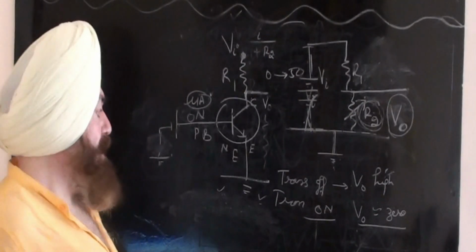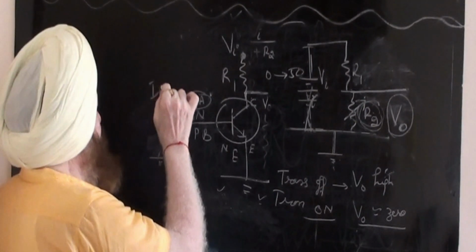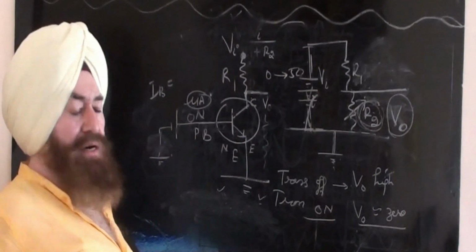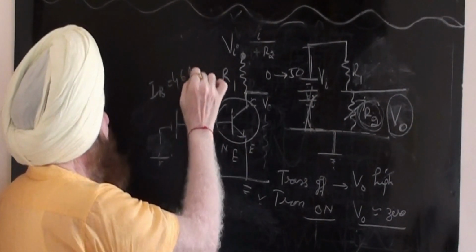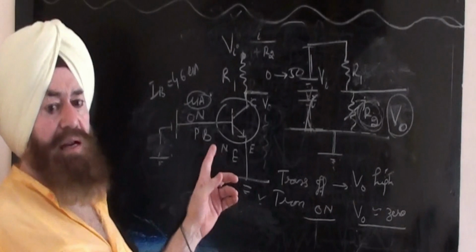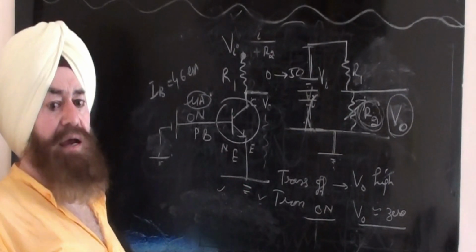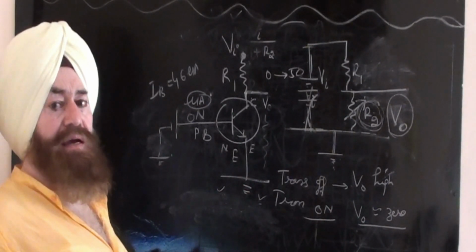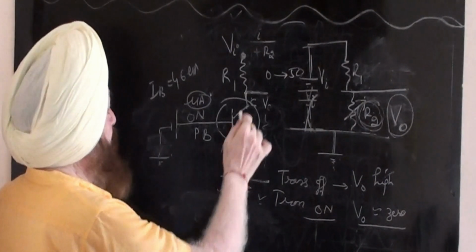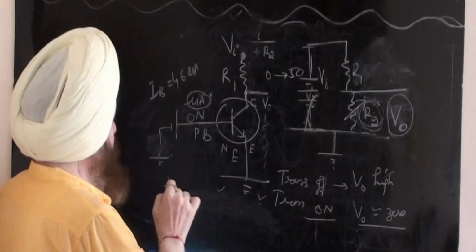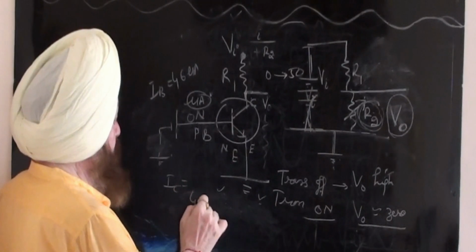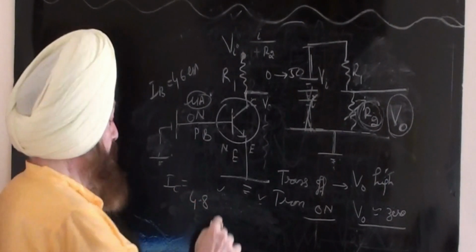Let us say my base current is 46 microampere. Some collector current is flowing, and suppose the collector current is 4.8 milliampere.